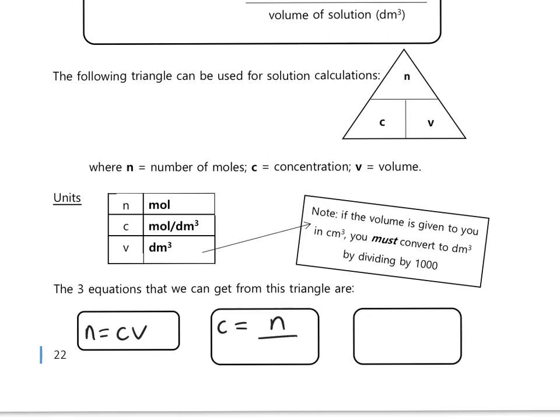Number of moles divided by volume. Again, that volume must be in decimeters cubed, not centimeters cubed. And then finally, V, volume, is equal to number of moles over concentration. These first 2 would be the most common ones you have to use, so I would have those in your head: N equals CV and C equals N over V.